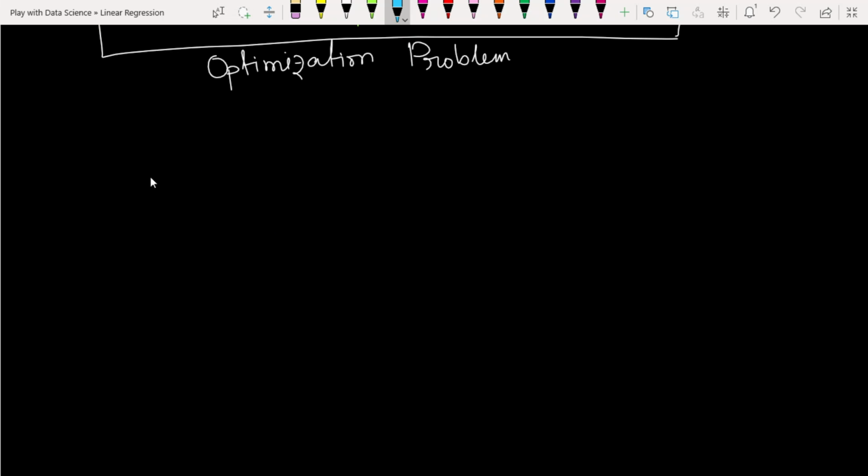Here we are learning the L2 regularizer. For regularizer I am just writing REG, so don't be confused between regularizer and regression. L1 regularization, or if we use both terms L1 and L2, it is called elastic net.